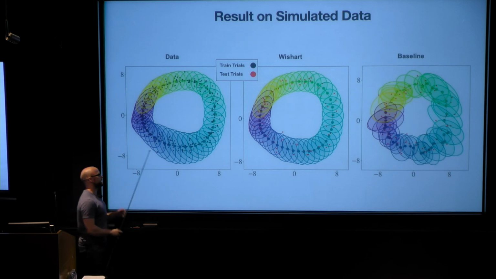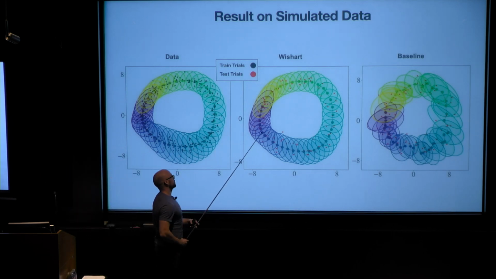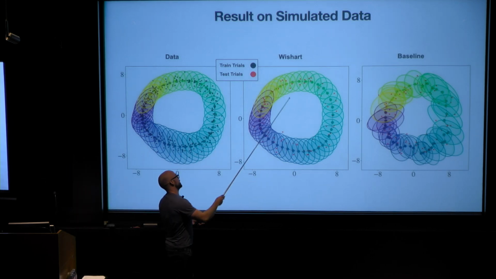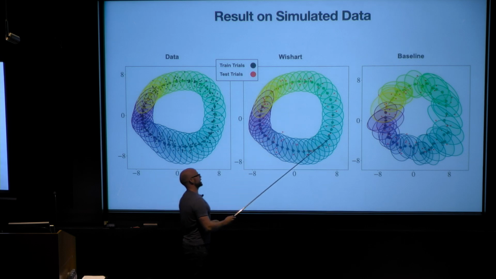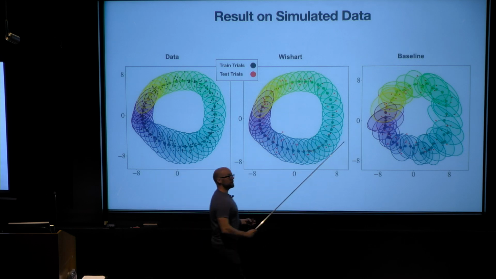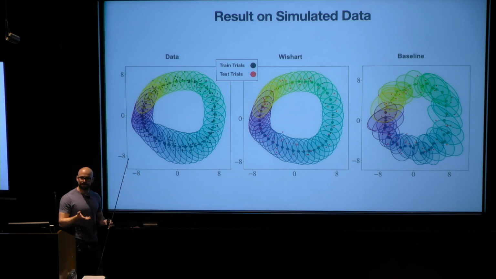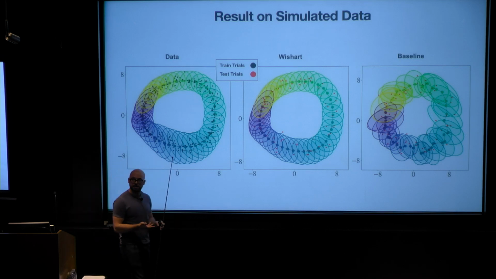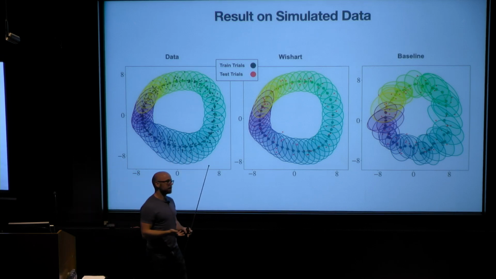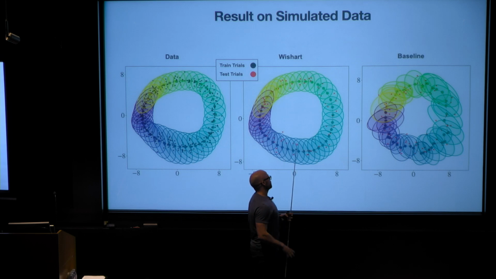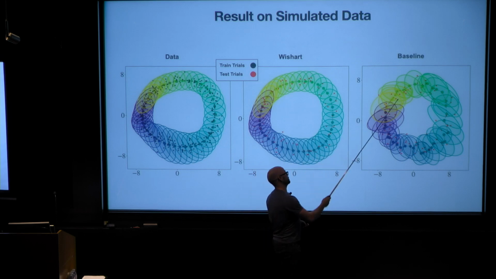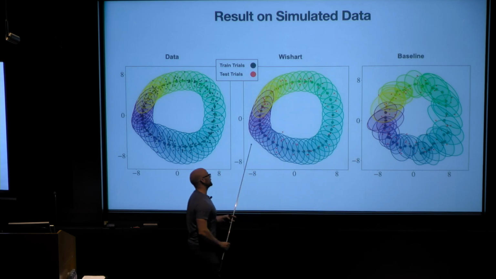So this is a simulation, but imagine that the monkey is making reaches along this ring, and I just independently try to fit the mean and covariance to each condition, and I don't do any pooling of statistical power across neighboring conditions. This is intuitively very suboptimal, but it's what everybody in the field does. So we're trying to fix that by showing you just get very noisy and bad estimates.